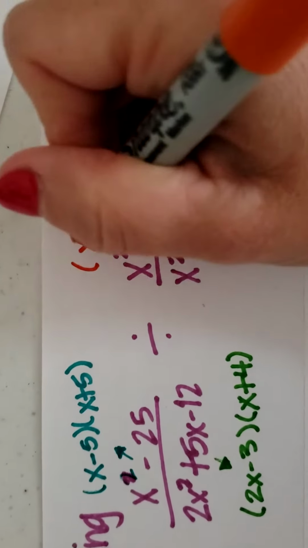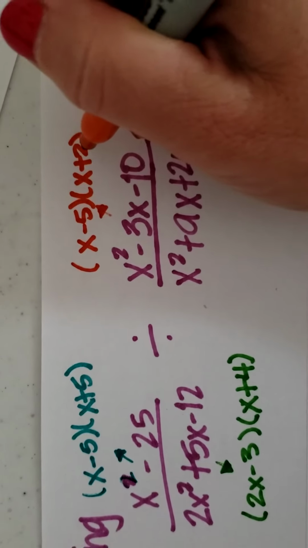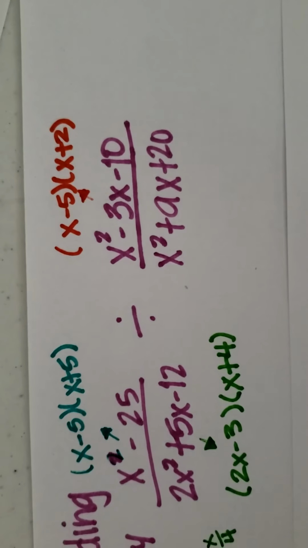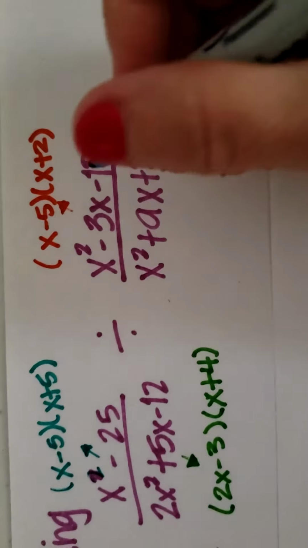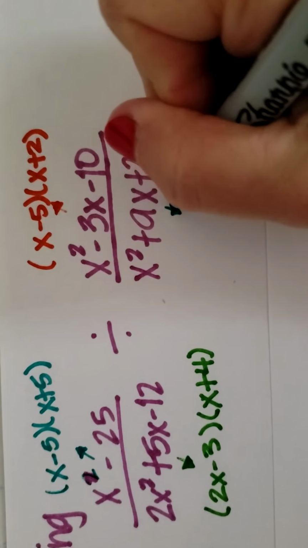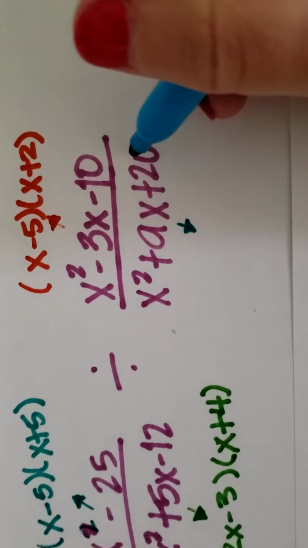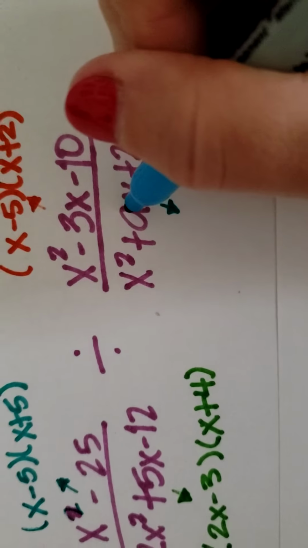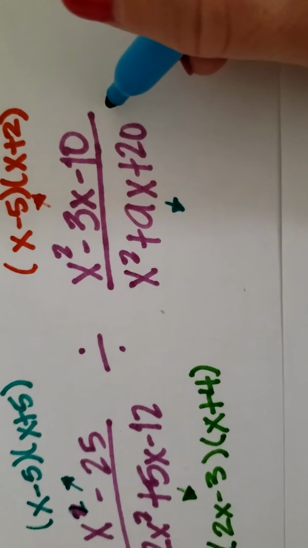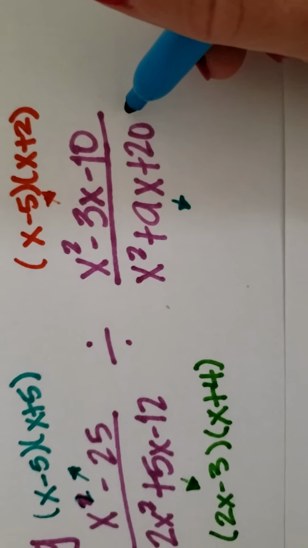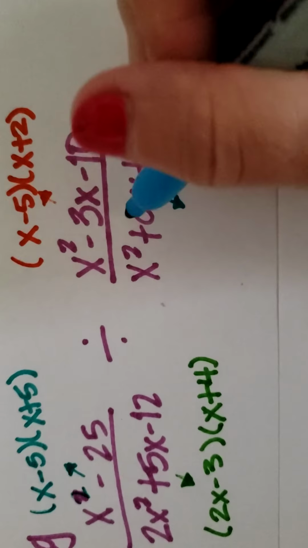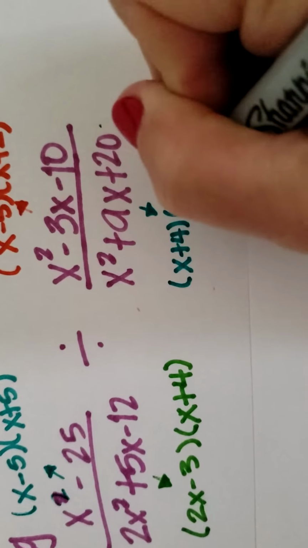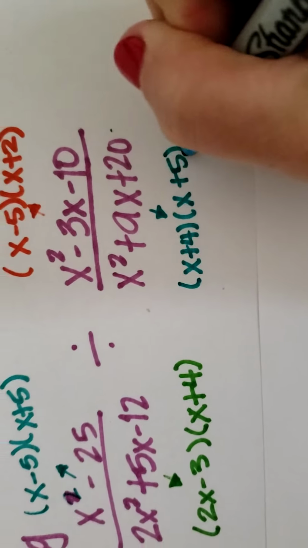Again, you could have switched those around, x plus 2, then x minus 5. You get the same answer either way. All right, so let's take a look now at the denominator, and we've got to figure out what factors of 20 would give us a sum of 9. That's 1 and 20, 2 and 10, 4 and 5. 4 and 5 do work to give us 9. So that's x plus 4, x plus 5.